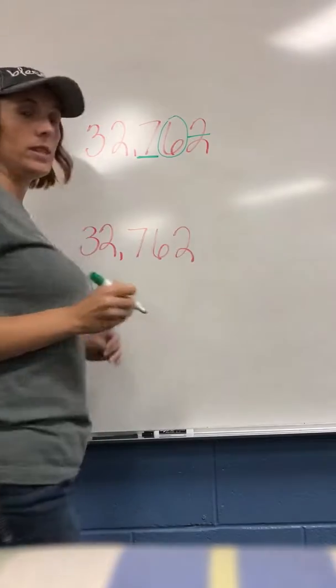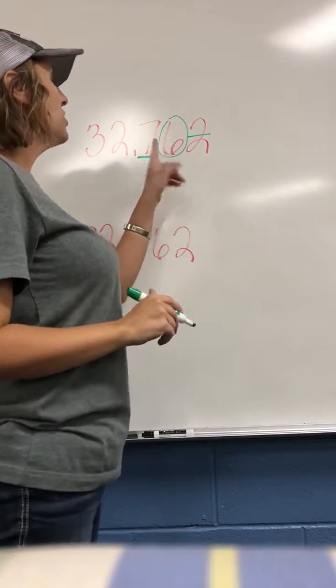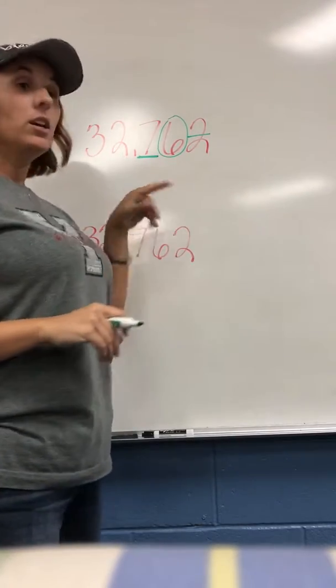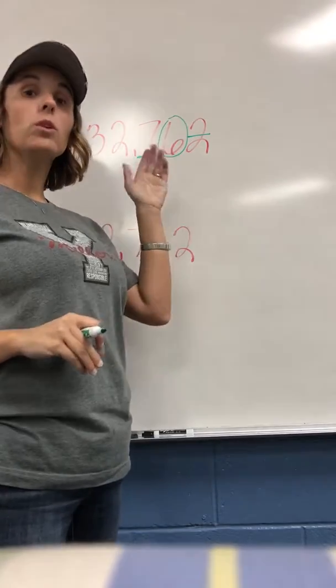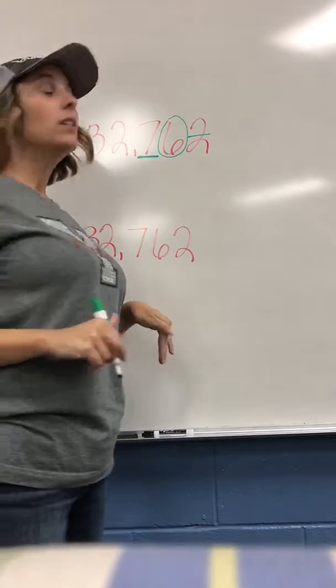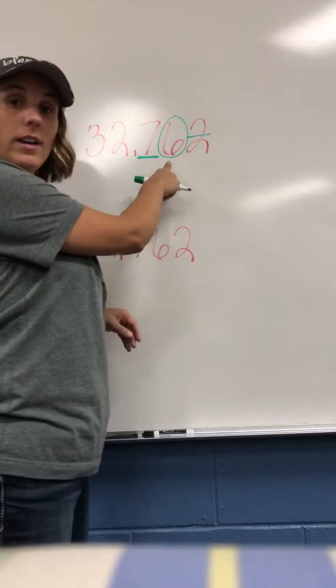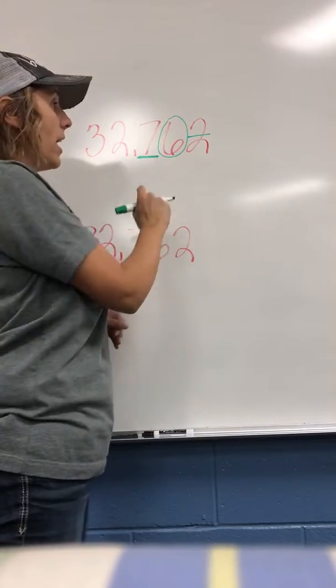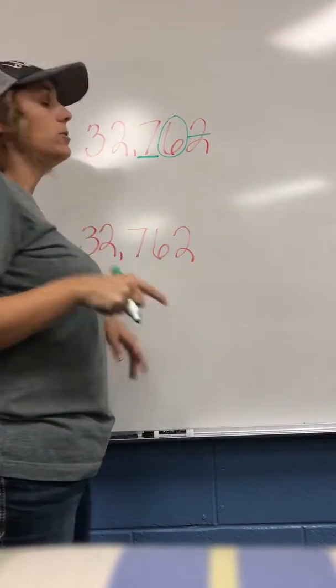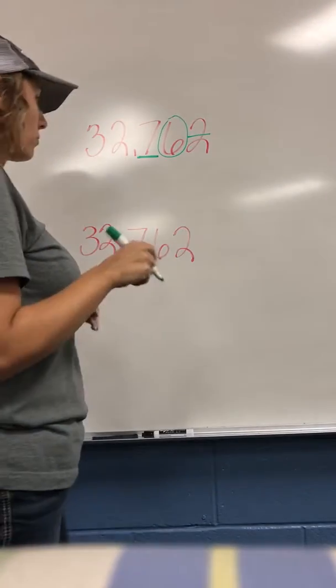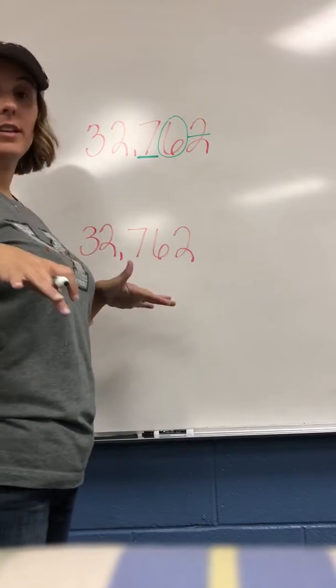I gotta look very closely at that number. So this 6, is it 5 or more or 4 or less? 6 is more than 5, so if this is more than 5, it is going to bump this number up to the next number. If it's not more than 5, it's just going to leave it alone.